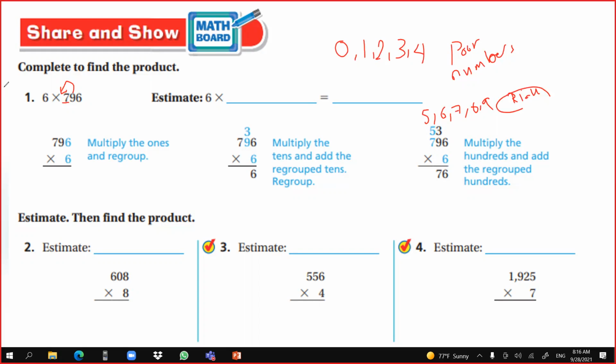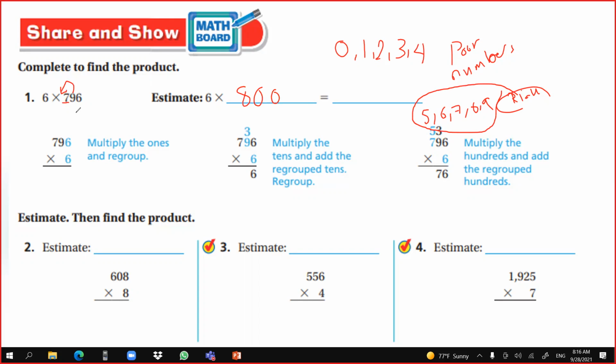So is number 9 from the rich numbers? Yes, because it's rich, it can add. So here now, 9 will give 1 to the 7, and 7 will be 8. So the estimation of 796 is 800.